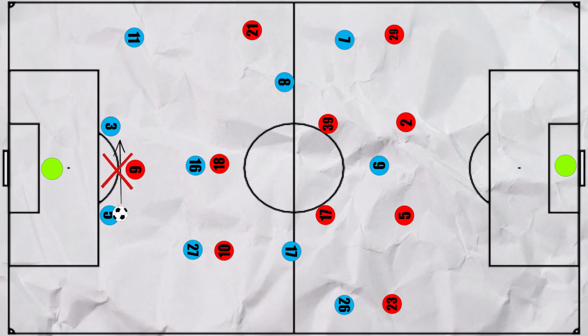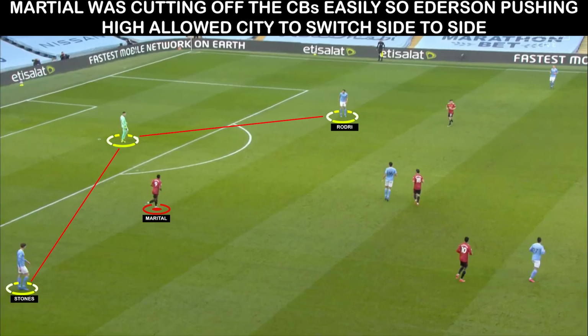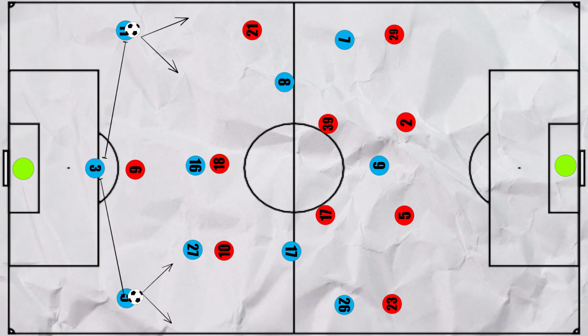Edison would then push up higher to provide a middleman to allow City to switch between sides, with the centre-backs splitting wider, with Zinchenko at times moving infield early. But generally, Zinchenko was the third centre-back, with he and Stones staying extremely wide, hoping to receive in space to play higher.